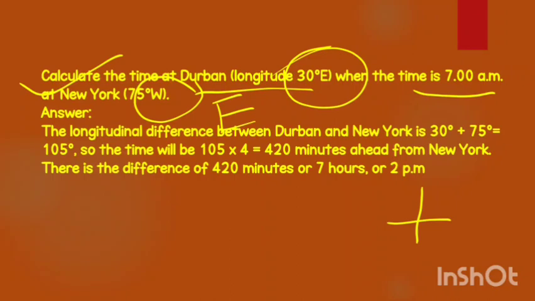So if we add 30 plus 75 degree, you will get 105 degree, and if you convert it into minutes, you will get 420 minutes ahead of New York. So the time difference 420 minutes means 7 hours. 7 a.m. plus 7 hours is 14 hours, and 14 hours means 2 p.m.